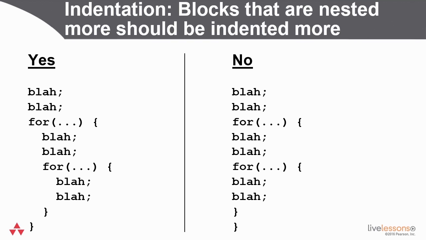Instead, they're going to just scan your code and look at the indentation. So it's very important that when you open a block, like a block of code inside a loop, that you indent. And you open another block, you should indent again.